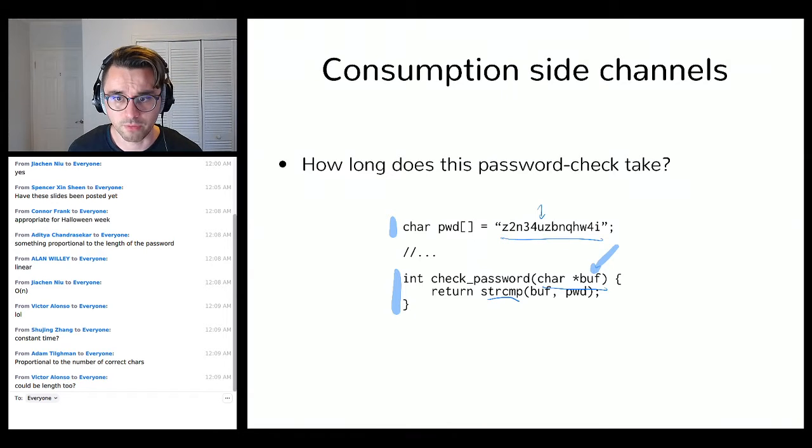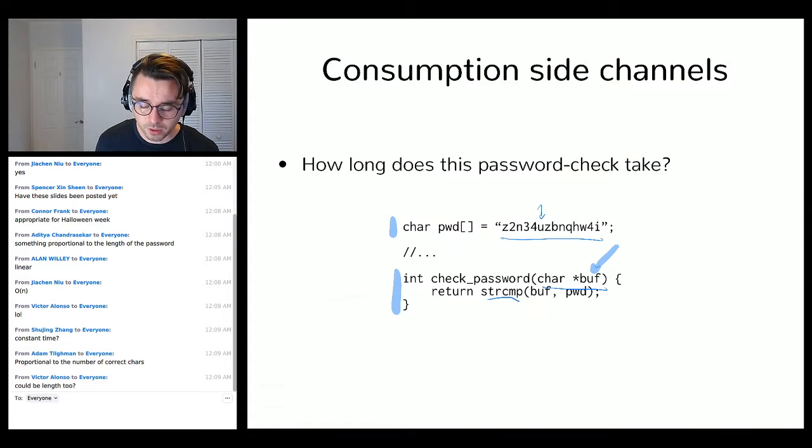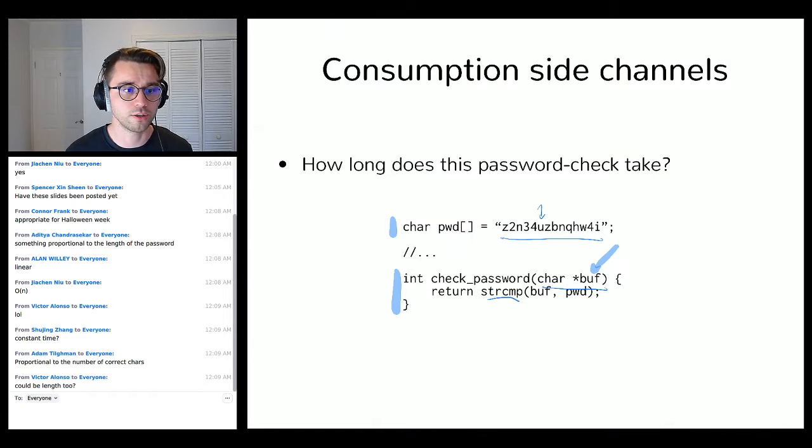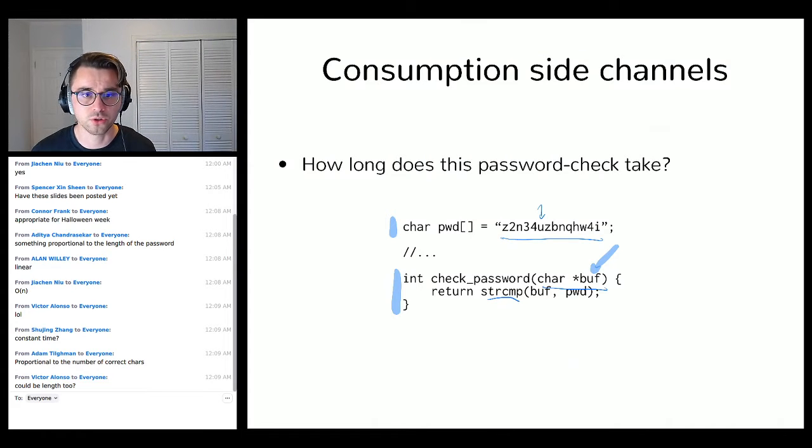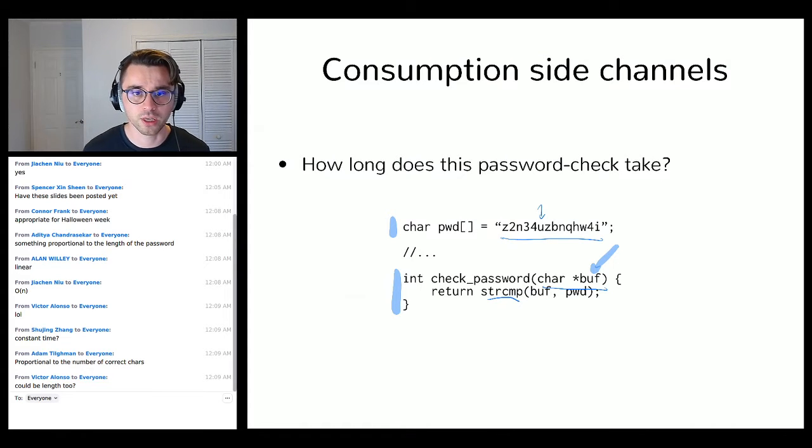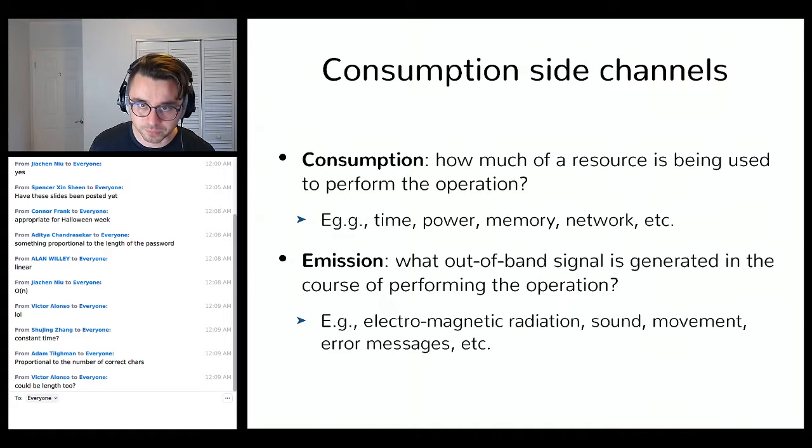It just stops whenever the buffer and the password diverge. So how can we use this as an attacker? If we supply one character at a time and measure how long it took to return, we can learn whether we got that character right and keep going.